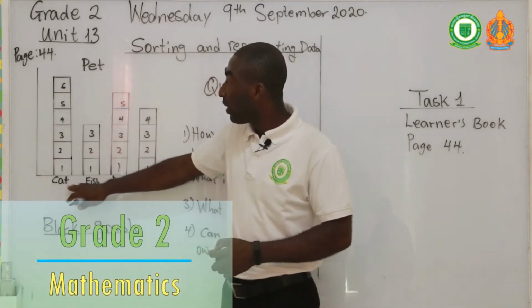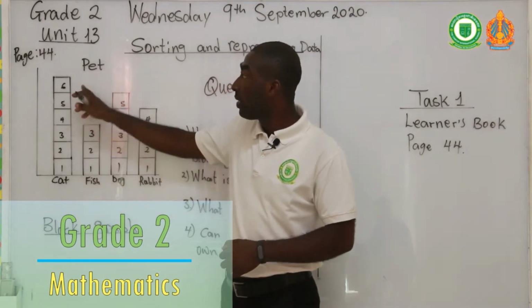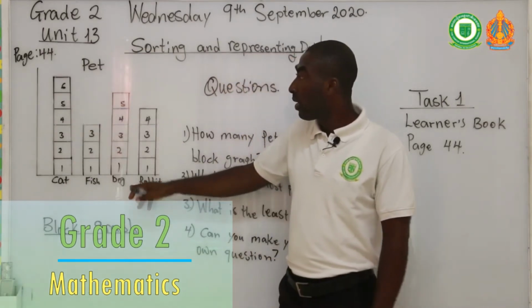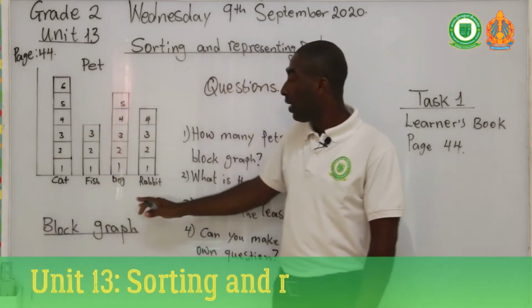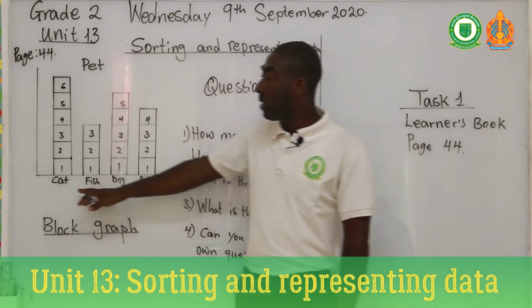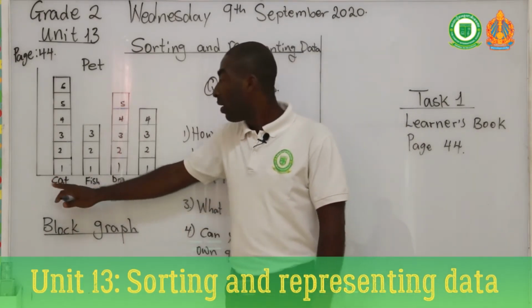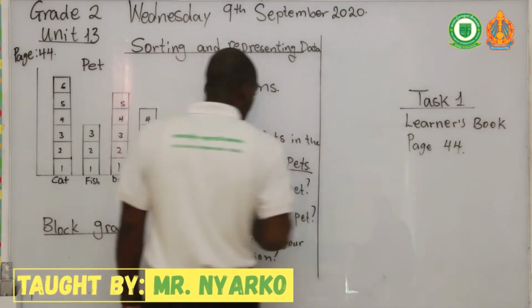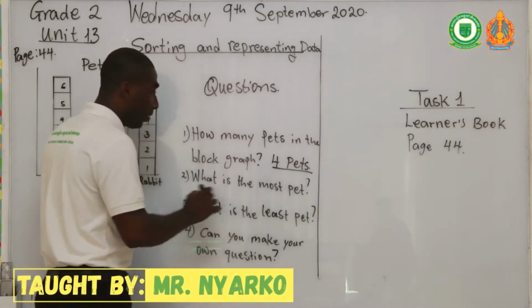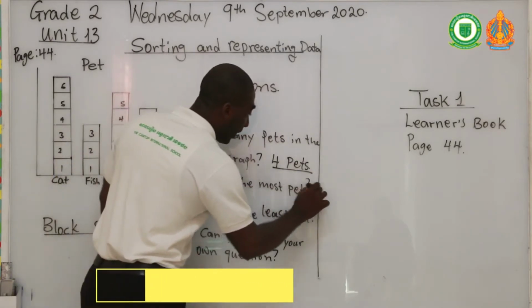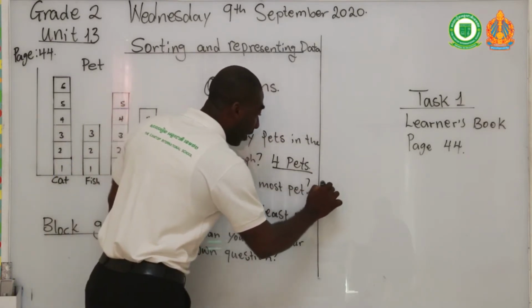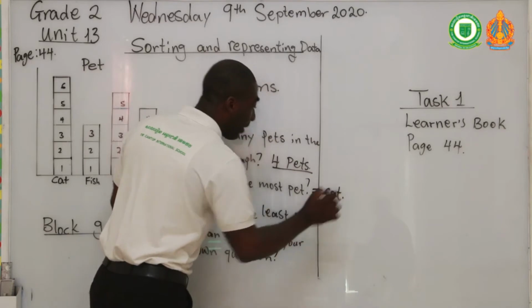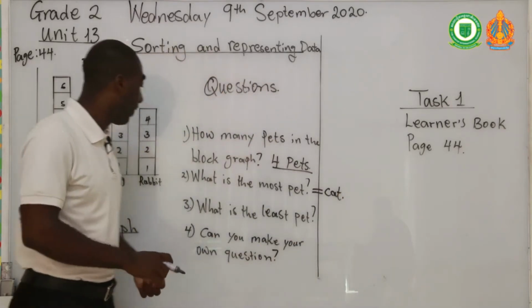On the row of the cats you see 6, whereas dog is 5, fish is 3, and rabbit is 4. So that means the most are the cats. So we will say that the most pets will be cats. Okay, so let's put our answer here. So that will be cats.